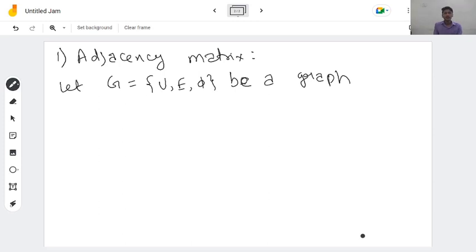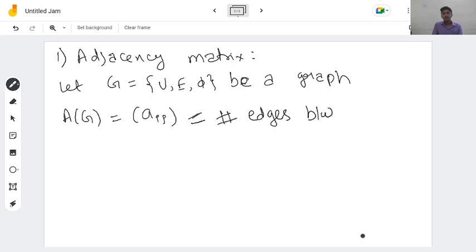Okay, so G be a graph, the adjacency matrix we will denote by A of G is the set Aij. Aij is the position in the matrix, ith row and jth column, and the Aij entry is the number of edges between Vi and Vj.